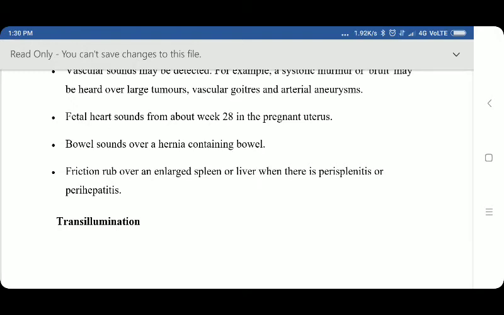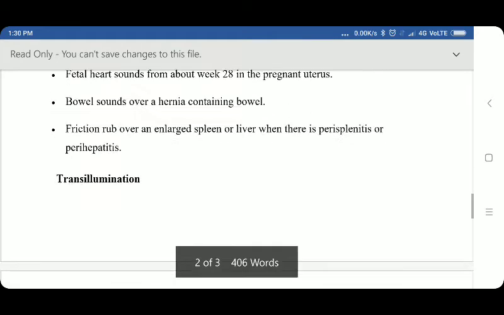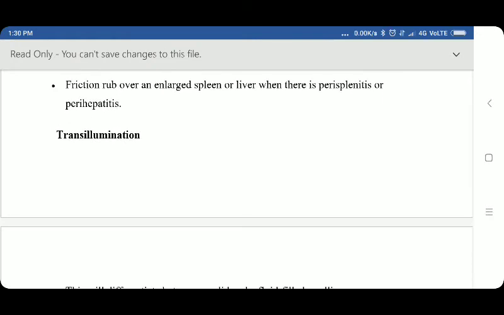Bowel sounds over a hernia containing bowel. Friction rub over an enlarged spleen or liver when there is perisplenitis or perihepatitis.